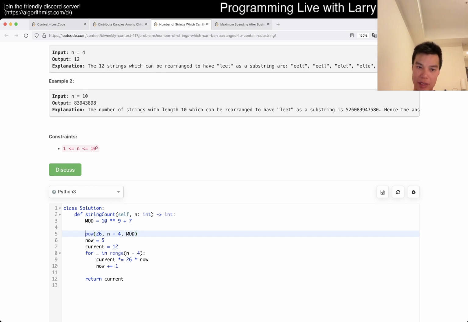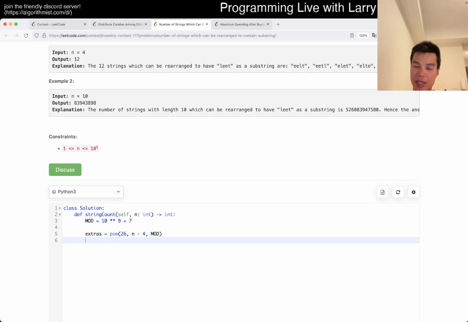So we have extra characters equal to this, and then now we have to put in the 4 characters. So now you have length minus 4, so the number of buckets is n minus 3.